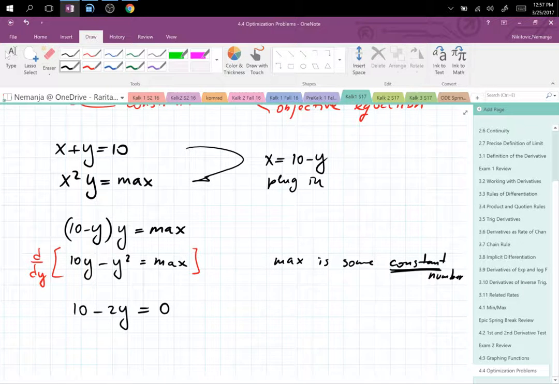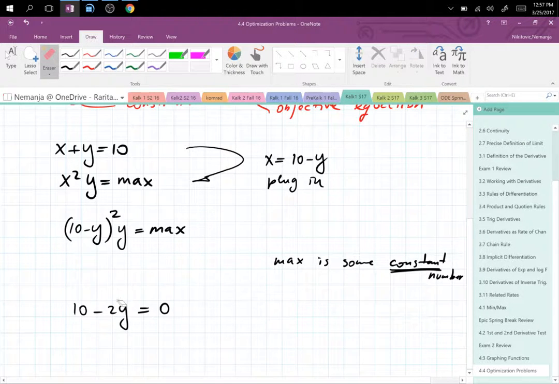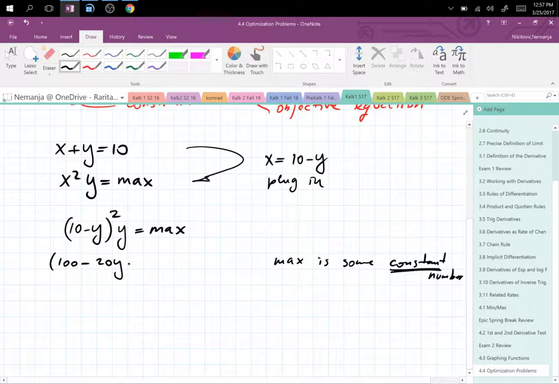Fine. So that's 100 minus 20y plus y squared, times y, equals max.